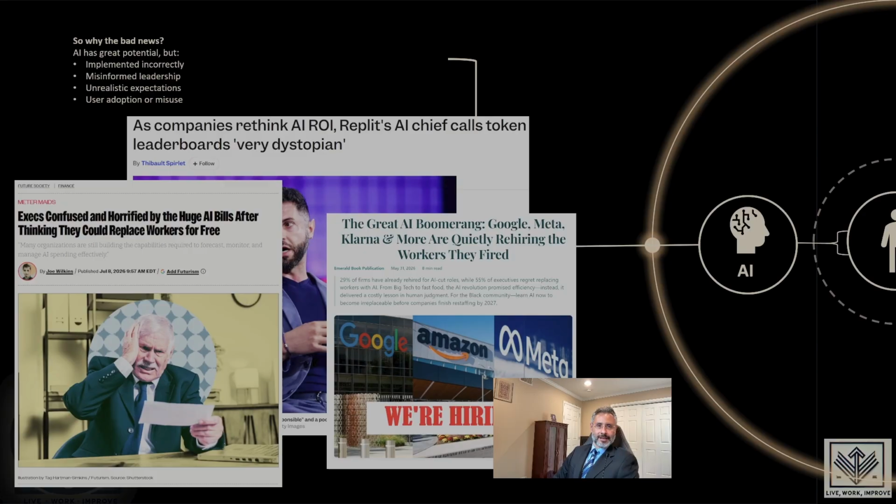And obviously that's not news, so you don't see that in the news. But just because you see all of this bad news doesn't mean that there's only bad news out there. But I did want to bring up the fact that there is bad news, and it's because of, in many cases, these 4 bullets.